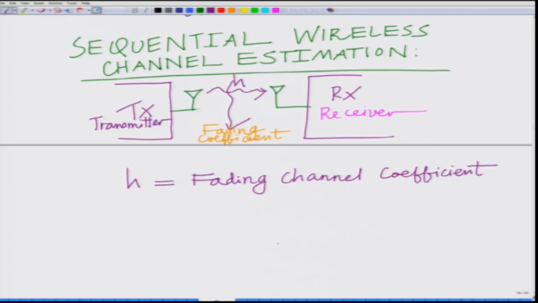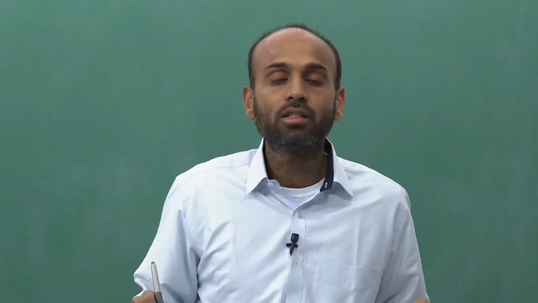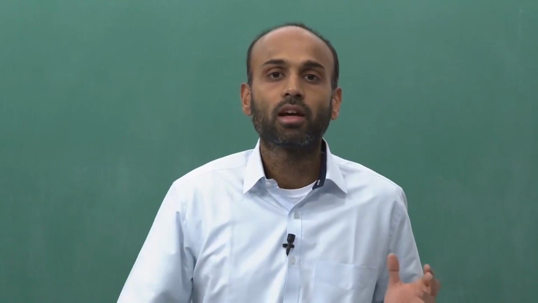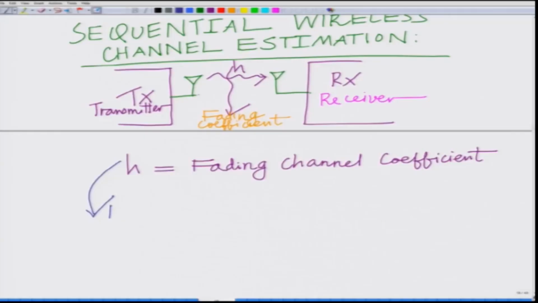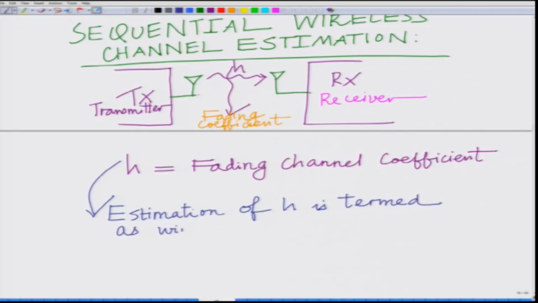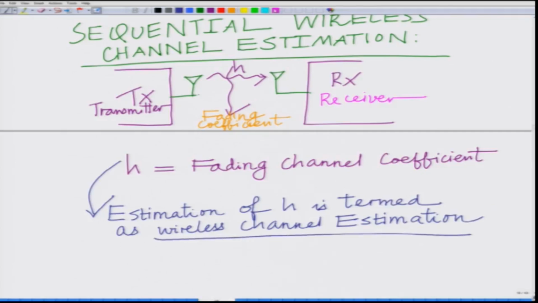H is the fading channel coefficient, and estimation of H is termed wireless channel estimation.